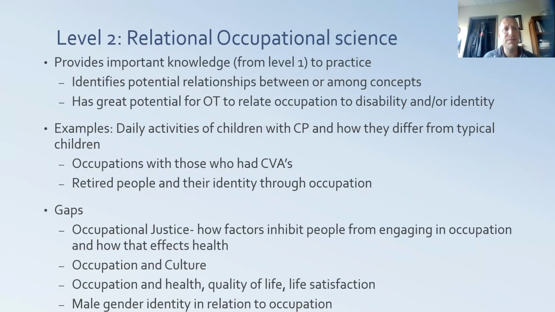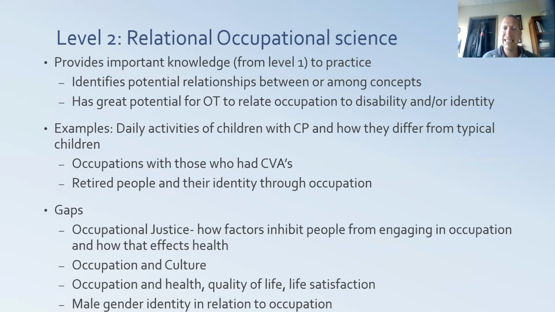So we need to have that basic level 1 evidence that tells us what something is, right? And now if we know what something is, now we can relate it to something. Okay, so level 2 is going to be relational occupational science.